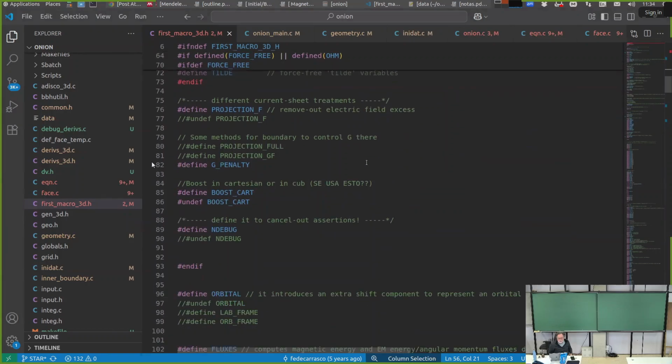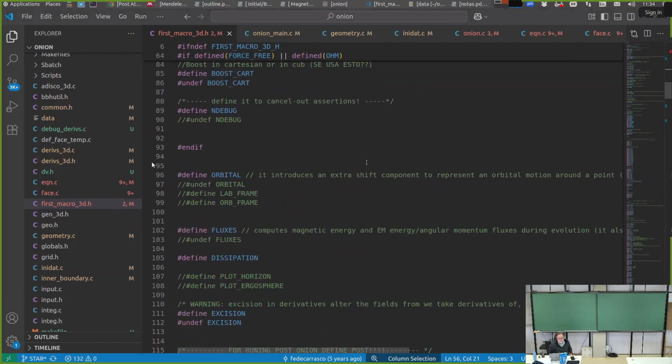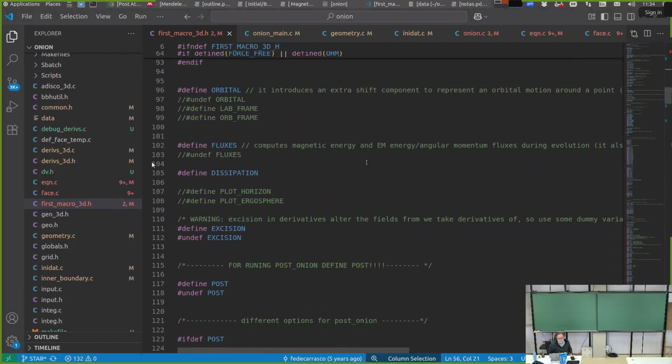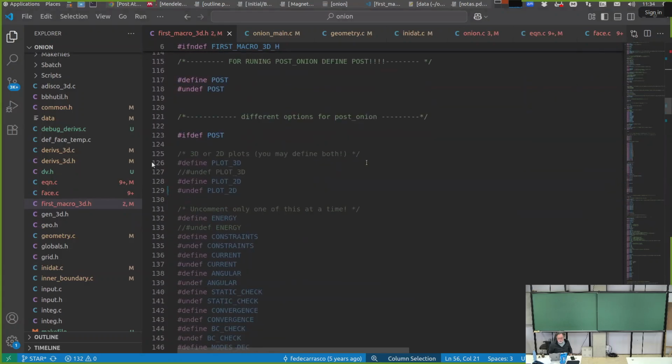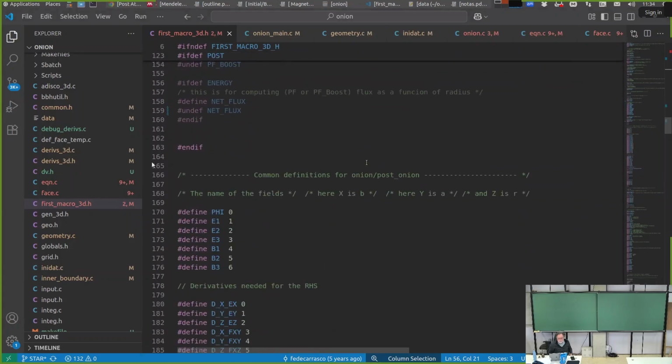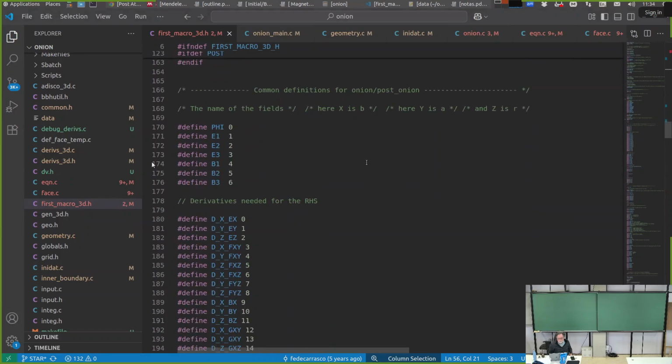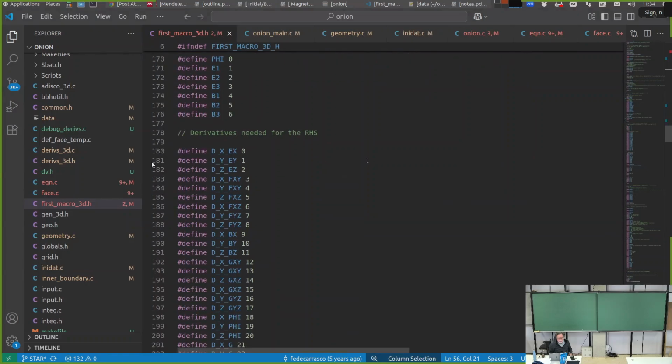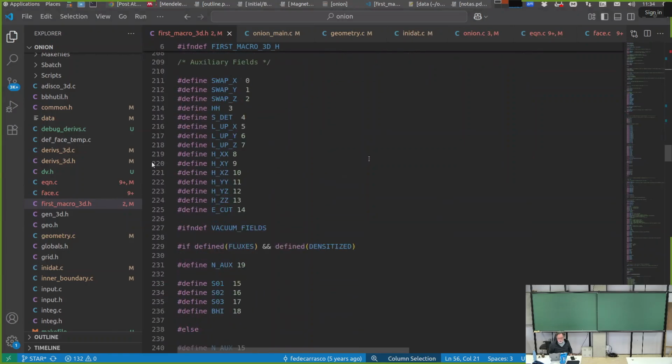All different kinds of options are defined at the time of compilation of the code. Also, the code is written in C. And all these parameters you can define at the time of compiling.